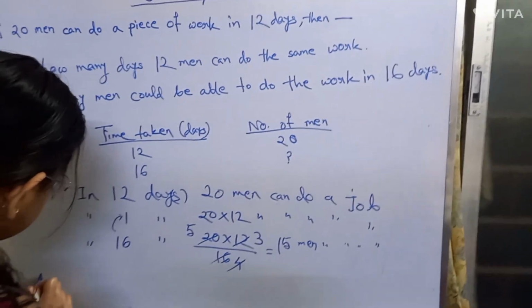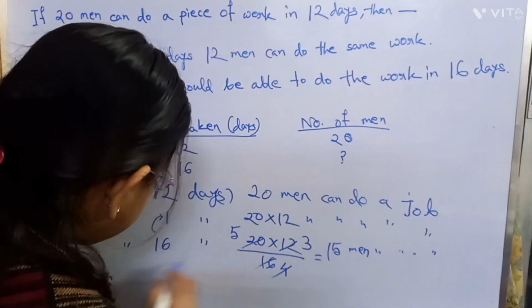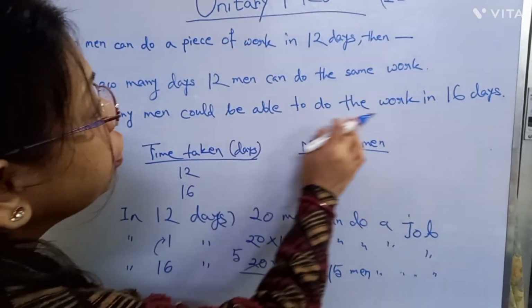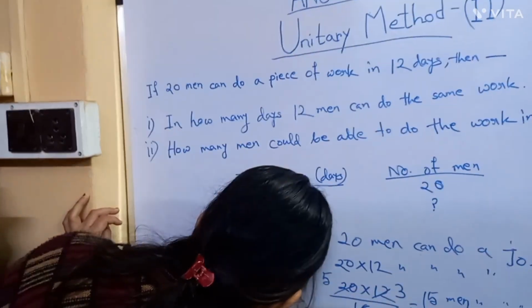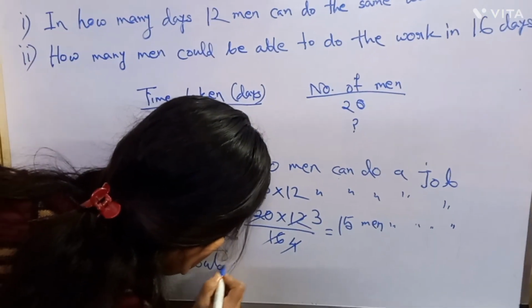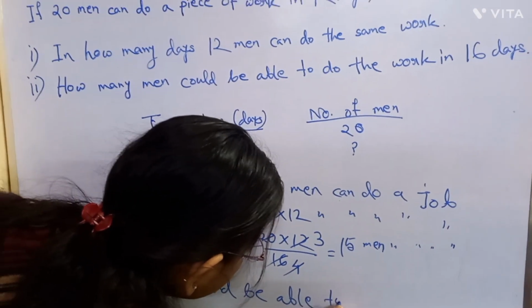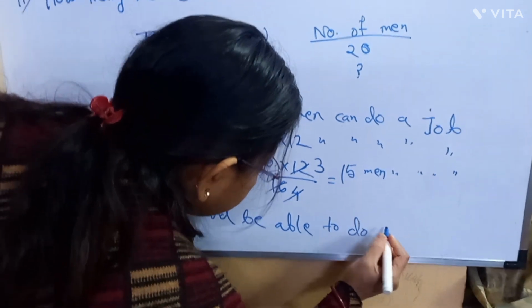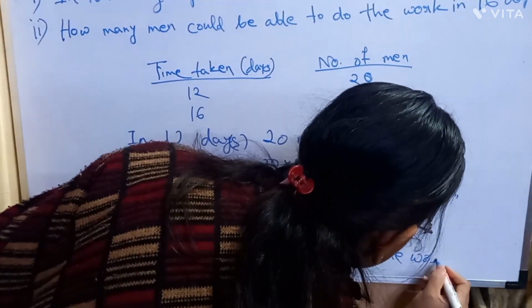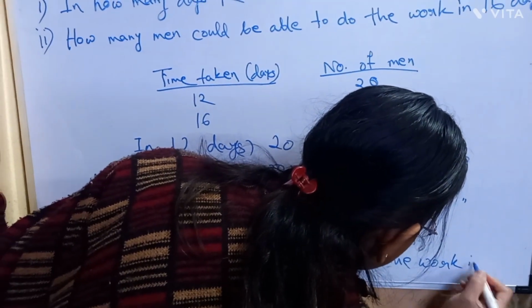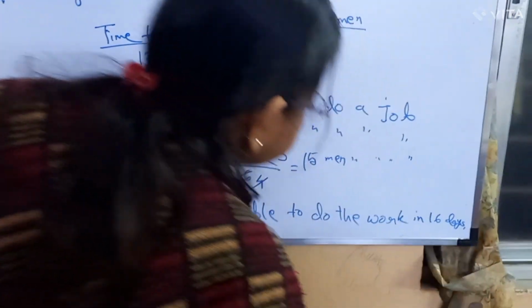So the answer is: 15 men could do the work in 16 days.